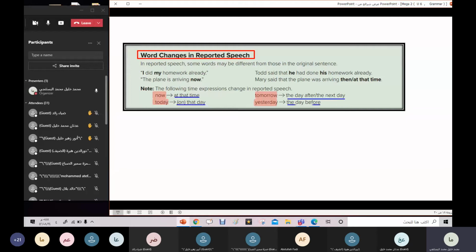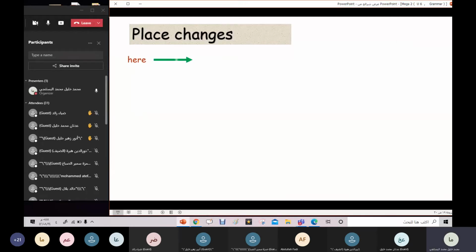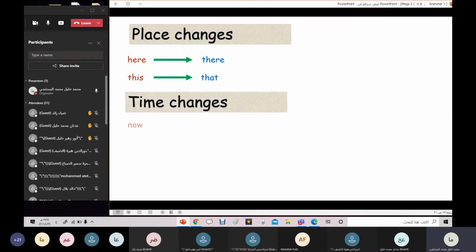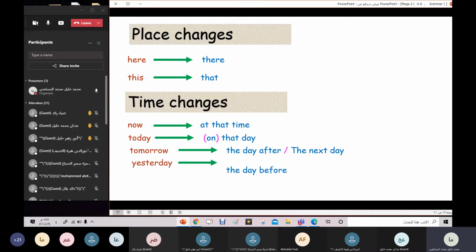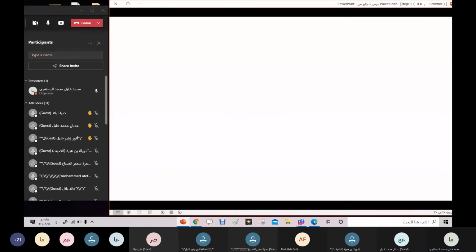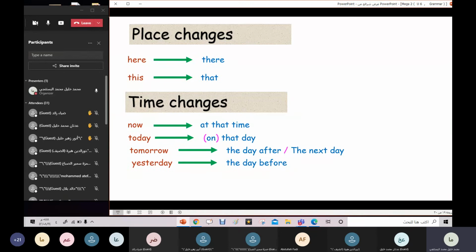Look here. Place changes: here, there, this, that, and so on. Time changes: now, then, or at that time. Today, that day. Tomorrow, the next day, or the day after. Yesterday, the day before. These are the changes.